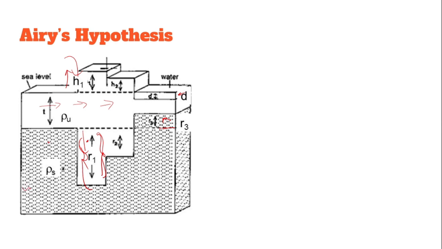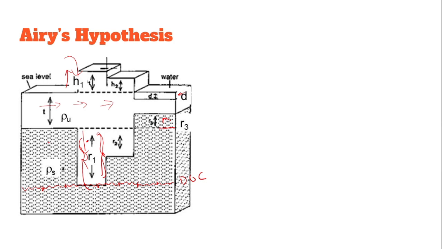So by that idea we define a depth of compensation, which is somewhere in the mantle, or we can say it is up to the extent to which the root is sinking into the mantle. So if I say that this is my depth of compensation, I can say that pressure at every point on this depth of compensation will be the same, so as for these blocks to be in isostatic equilibrium. So I will use this concept.